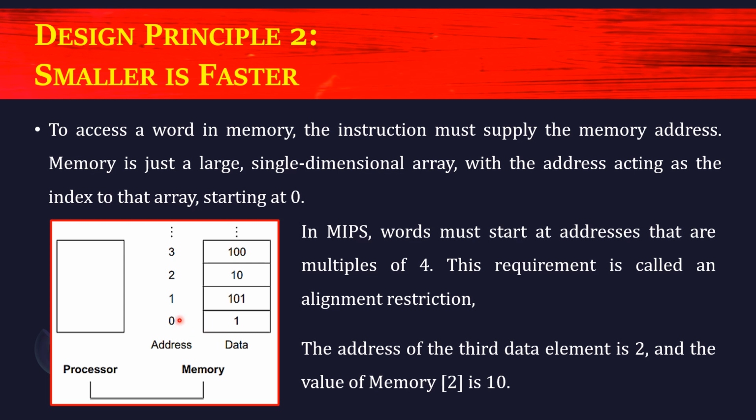In MIPS, the words must start at addresses that are multiples of 4, and this requirement is called the alignment restriction. So the address of the third data element is 2, and the value of the memory at 2 is 10.